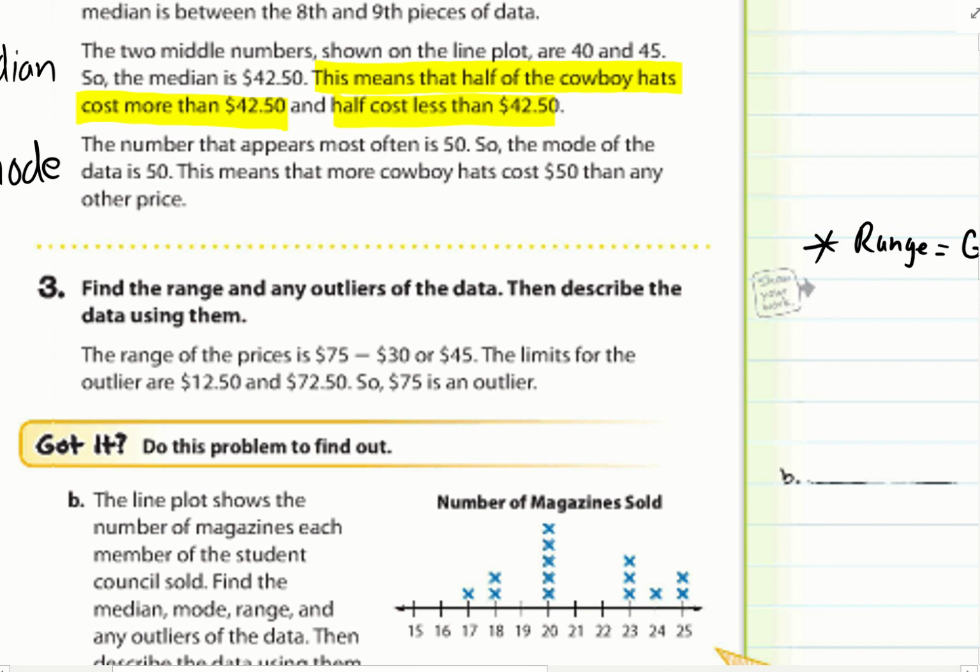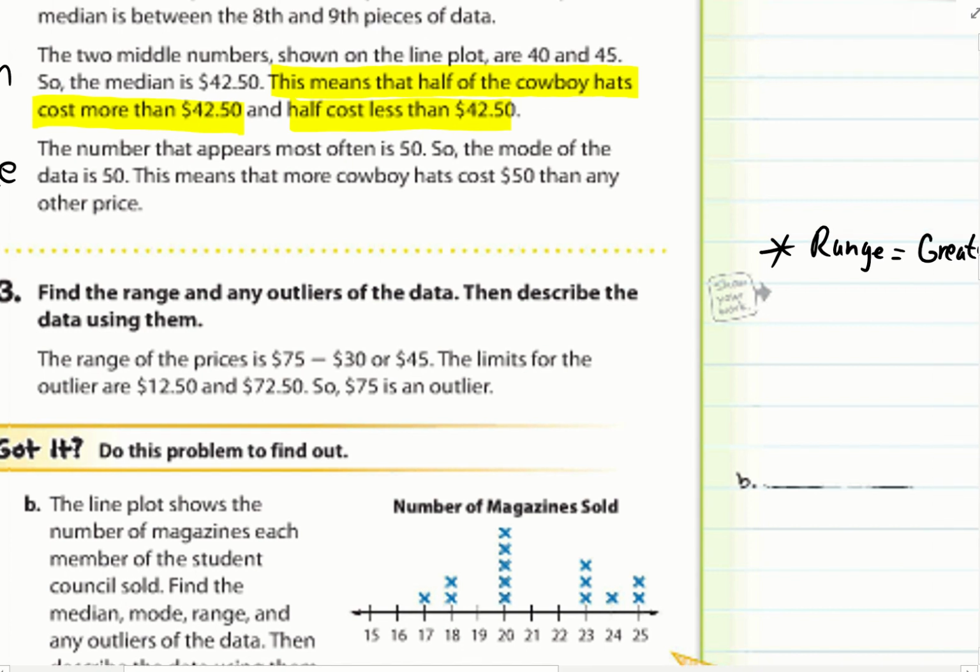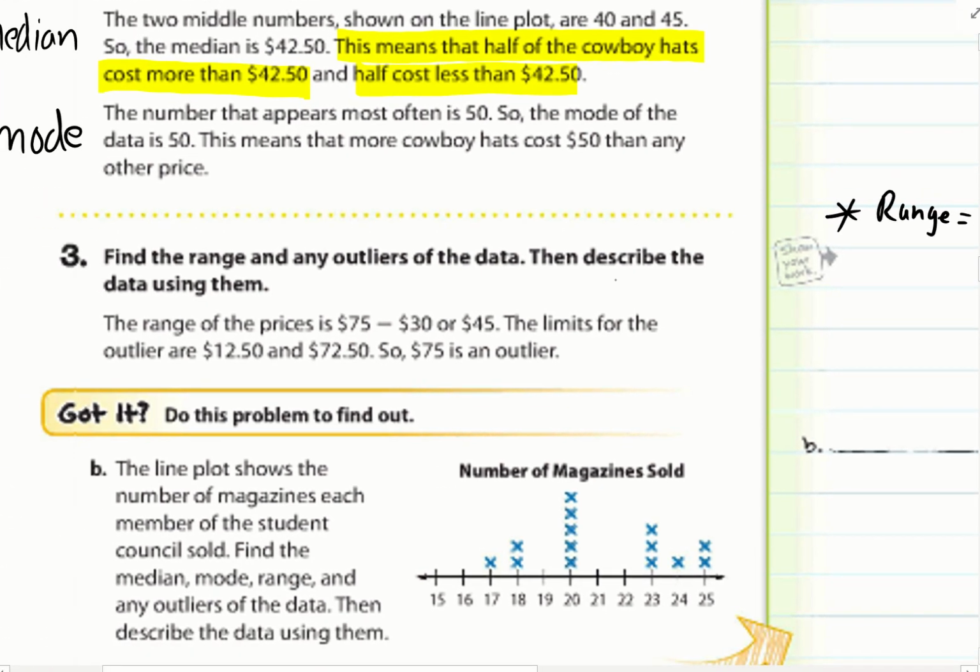The limits for the outliers are $12.50 and $72.50. So 75 is an outlier. And remember, to find outliers, we need to find the IQR, and then multiply that by a half. Then take the first quartile and subtract that number from it.